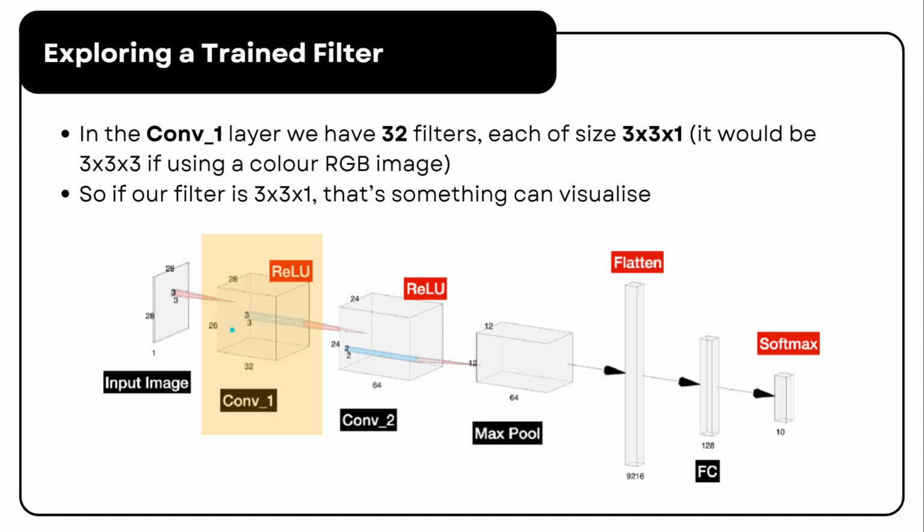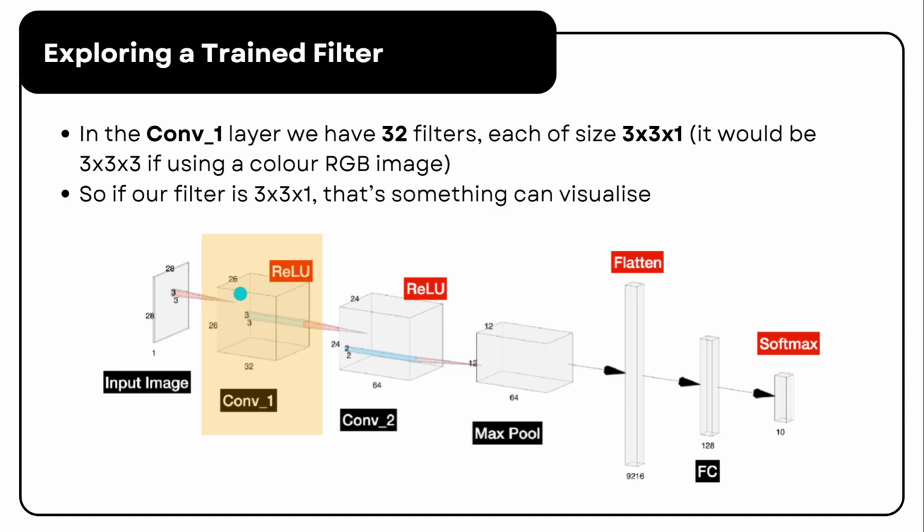If this were a color RGB image, the filter size would be 3 by 3 by 3, since we need to account for three color channels. Always good to keep that in mind, no? Right now we are using grayscale because the depth is 1.